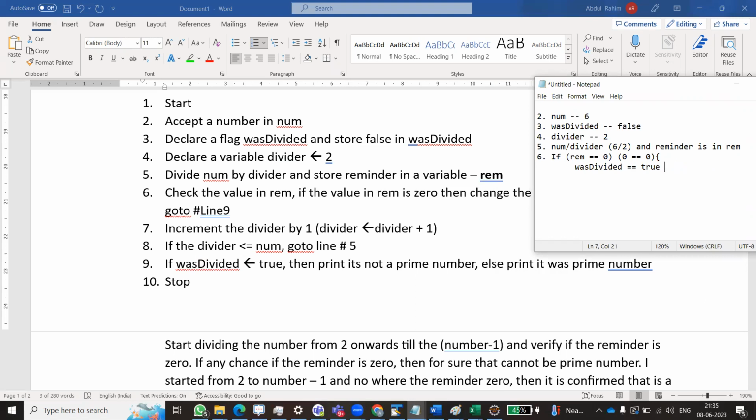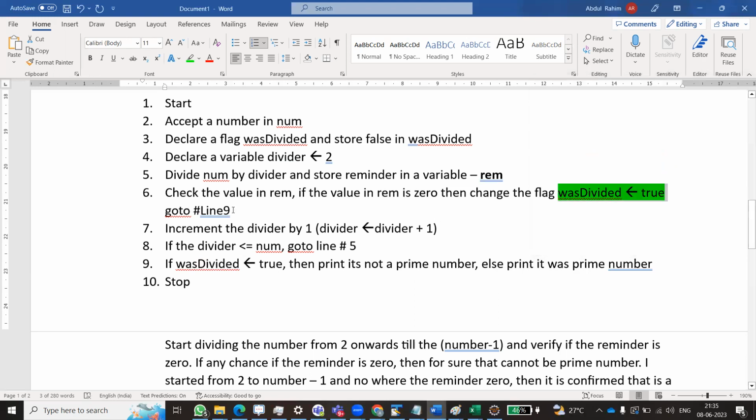So what is there in line number 9? If was divided is true, then print. If not, we'll stop. If the statement is true, then we'll go forward. If it is false, then we'll stop there. Because was divided is true, we are saying go to line number 9.